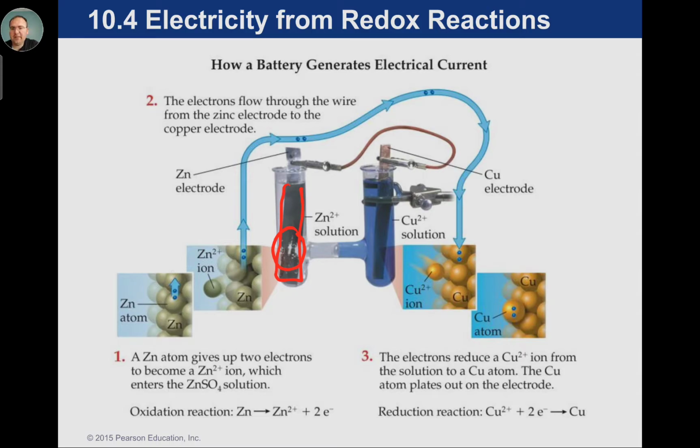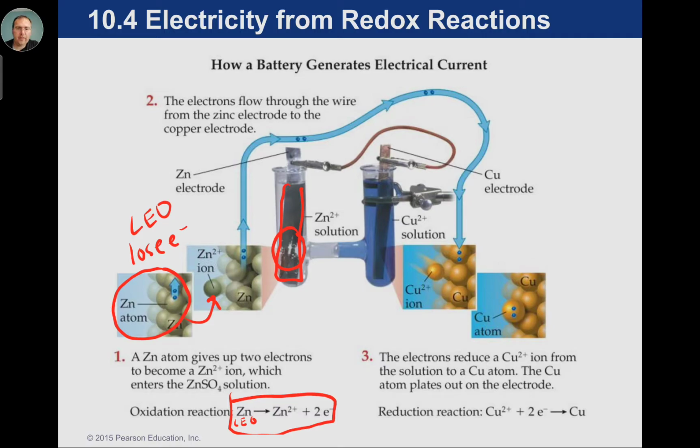That's because the zinc atoms themselves are losing their electrons. That's a LEO. And when they do so, they become +2 ions. So in order for zinc to become zinc +2, it has to lose 2 electrons. That's exactly what a LEO represents.